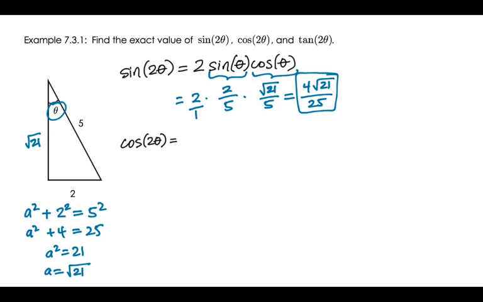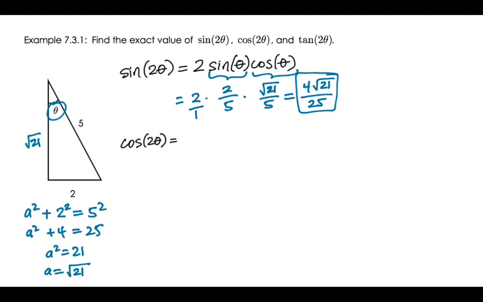Now, cosine 2 theta, you have 3 choices for your identity. You can use cosine squared theta minus sine squared theta. You can use 1 minus 2 sine squared theta, or 2 cosine squared theta minus 1, whichever one of those 3 you choose. Let's see. Above, I found sine was equal to 2/5.